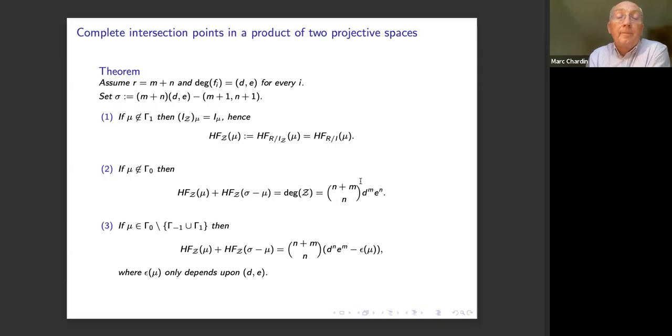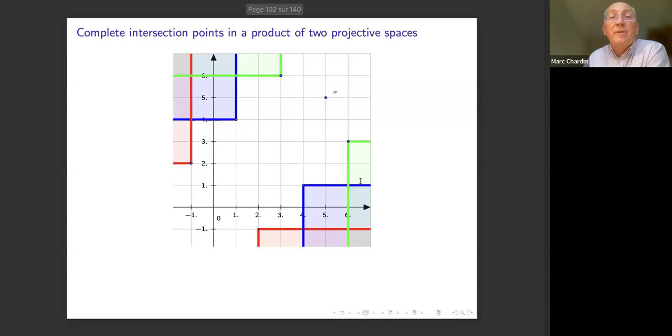So let me show on the picture before what this says. So you have this, okay? This says that if you are outside the green region, then your ideal is saturated, okay?